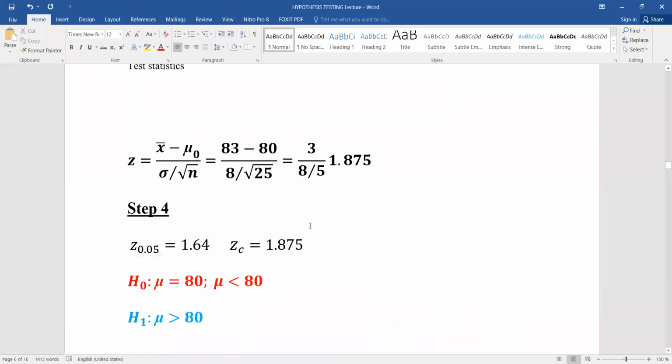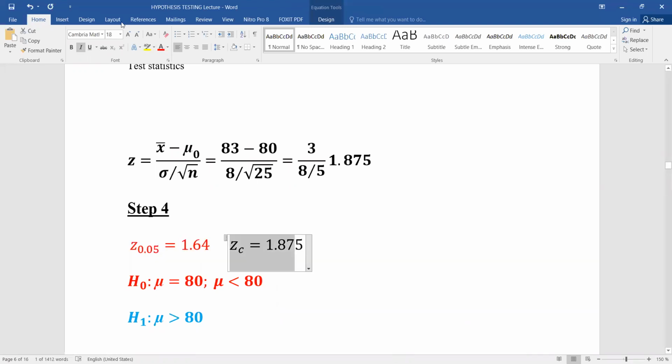Step number four is where you summarize everything, and it's called the final talk of both lawyers from both sides. They give their closing statements, and the judge makes the decision. Our evidence from the Z table was 1.64.